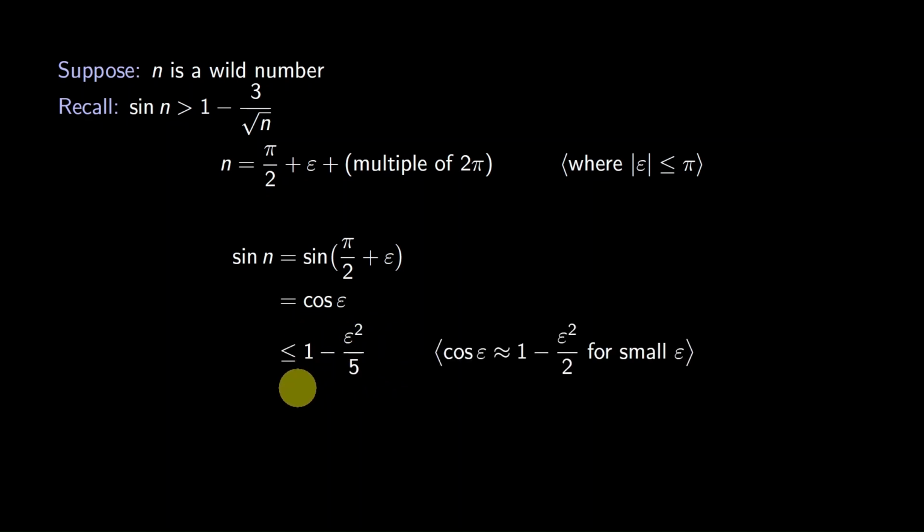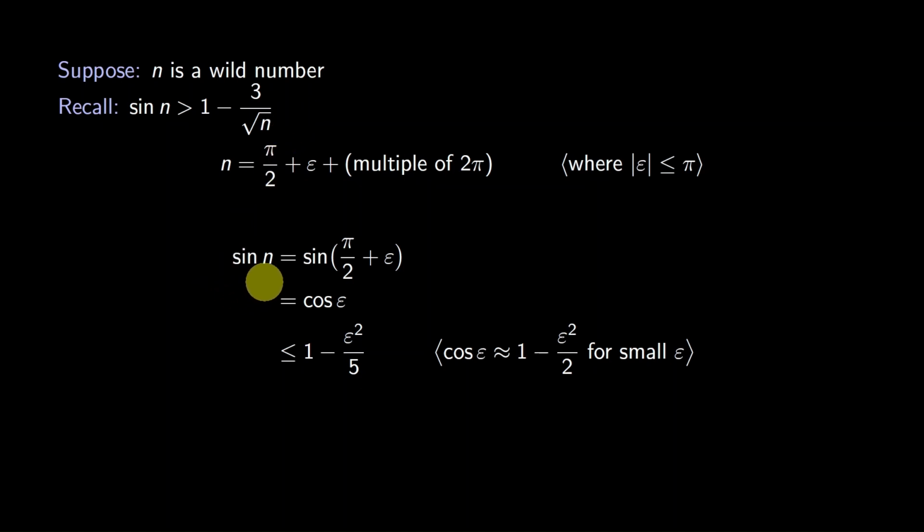Next, we need to approximate the cosine of epsilon. It's at most 1 minus epsilon squared over 5. That's related to the fact that when epsilon is small, cosine of epsilon is approximately 1 minus epsilon squared over 2. The factor of 5 makes the inequality true for all epsilon between minus pi and pi. Let's look at what we have here. On the one hand, sine n is bigger than 1 minus 3 over the square root of n.